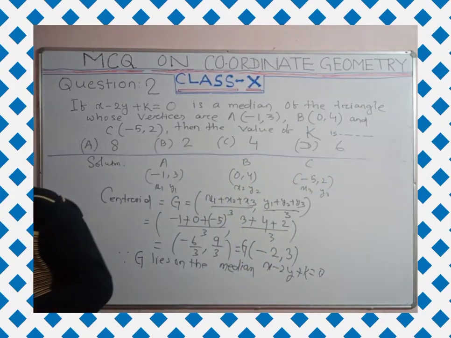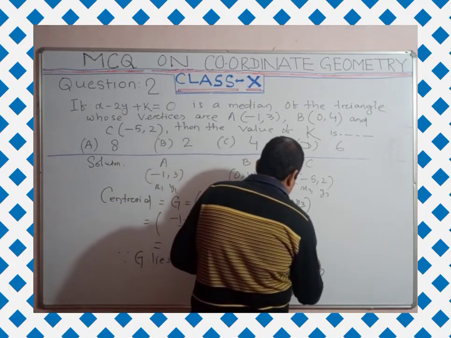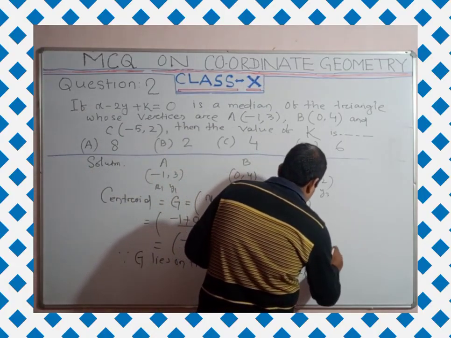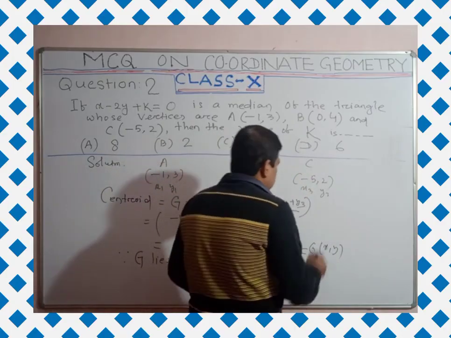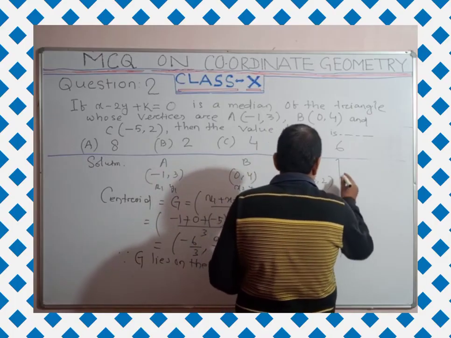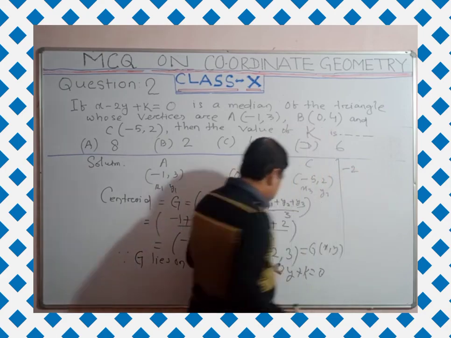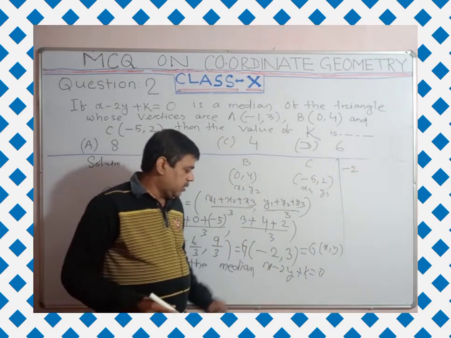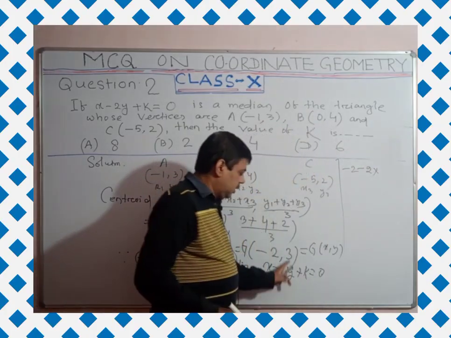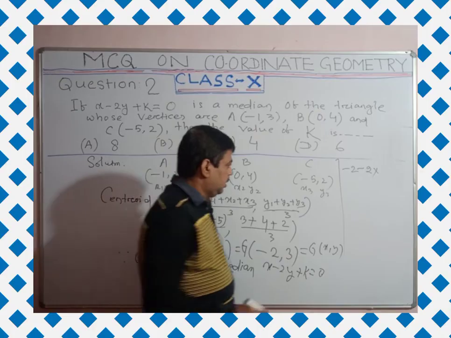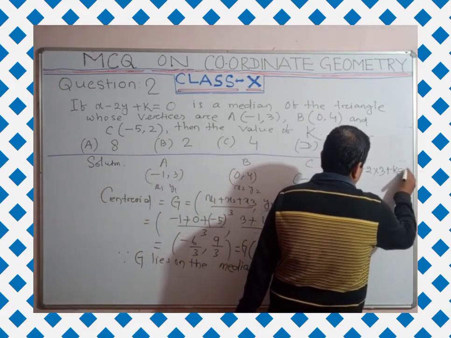Okay, so now putting the values, the centroid G has x coordinate minus 2 and y coordinate 3. Now in x minus 2y, in place of x I will write minus 2, and in place of y I will write 3, plus k is equal to 0.